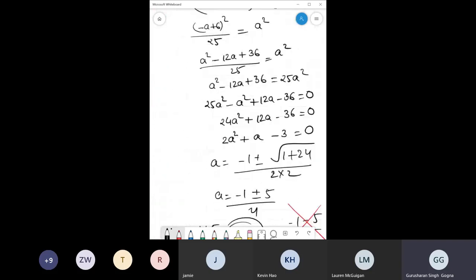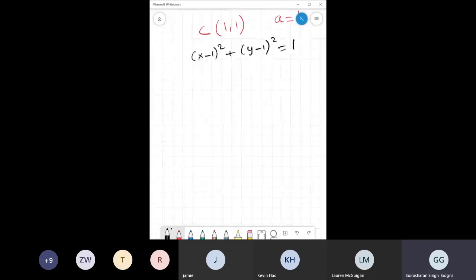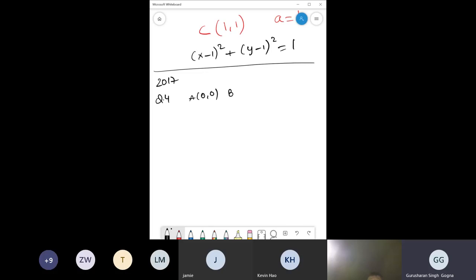Okay, so let's take the next question. Yeah, this is also important. 2017, question number 4. In this type of question, what they will give you is 3 points: (0, 0), another point (6.5, 0), another point (10, 7).